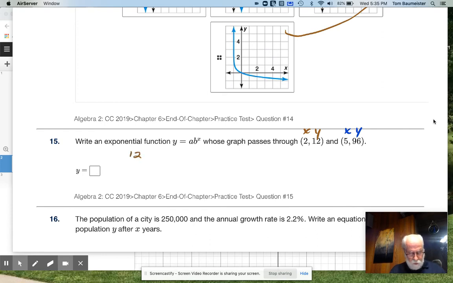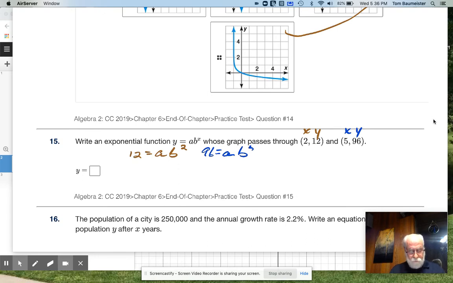So 12 is equal to a times b raised to the second power. And 96 is equal to a times b raised to the fifth power.